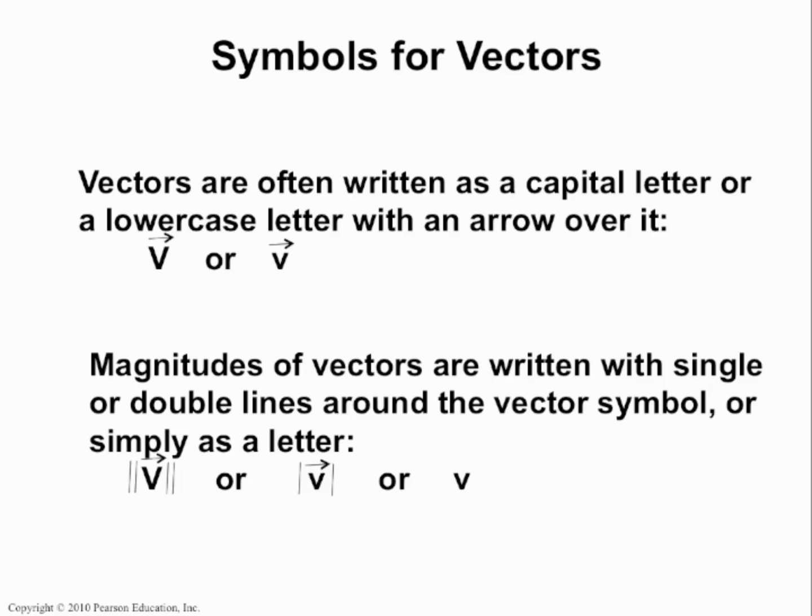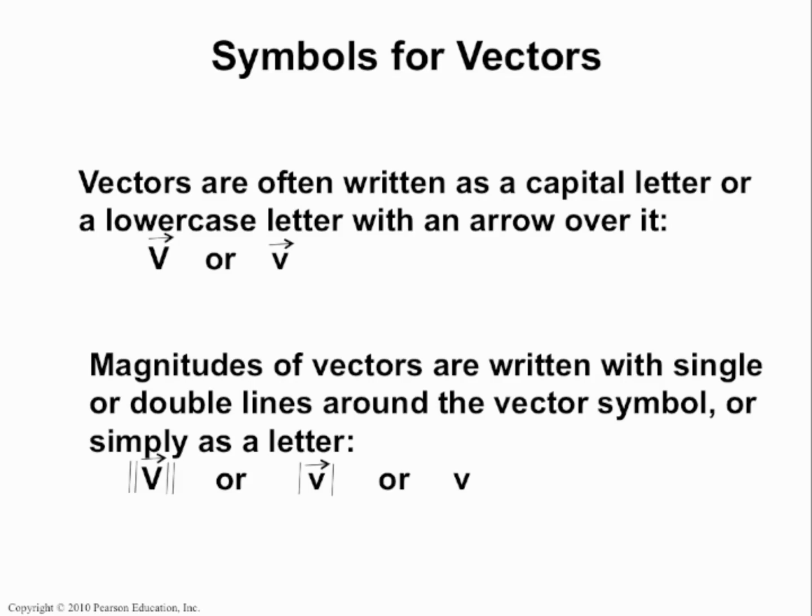Now, magnitudes of vectors are written with single or double lines around the vector symbol, or simply as a letter. So we could have capital V with the arrow over it and two parallel lines around it. Or we could have little v and the arrow over it and those single vertical lines around it. Or we could just have v.